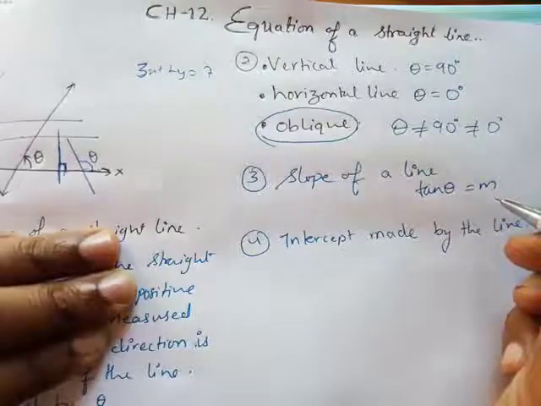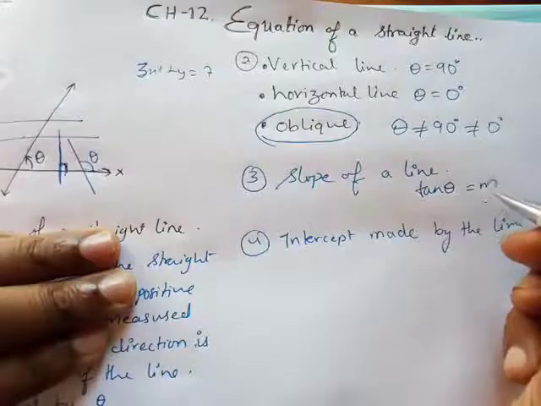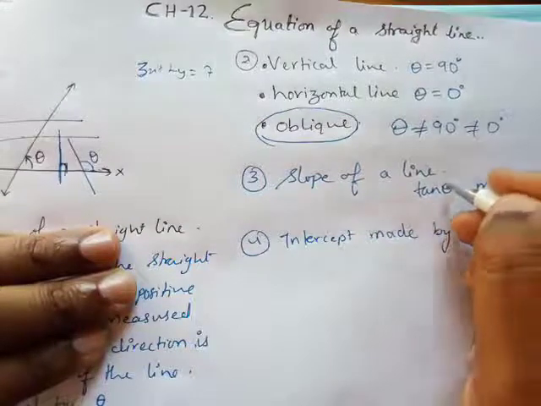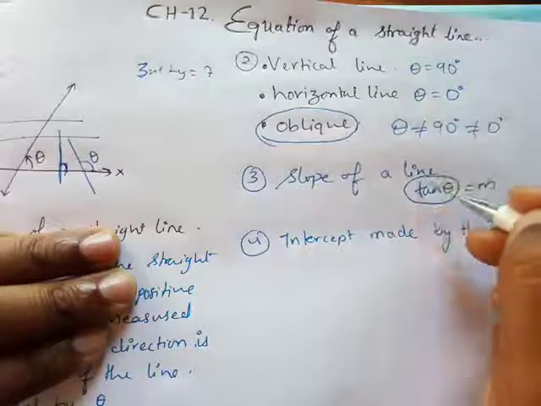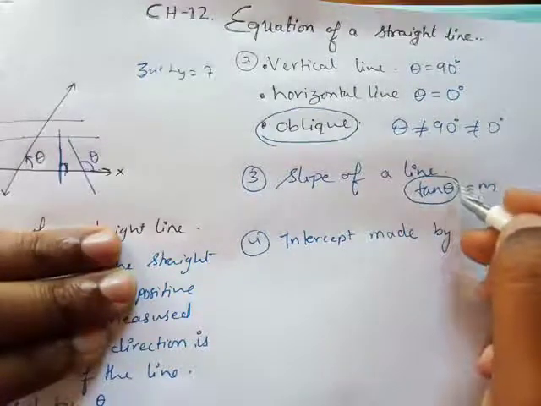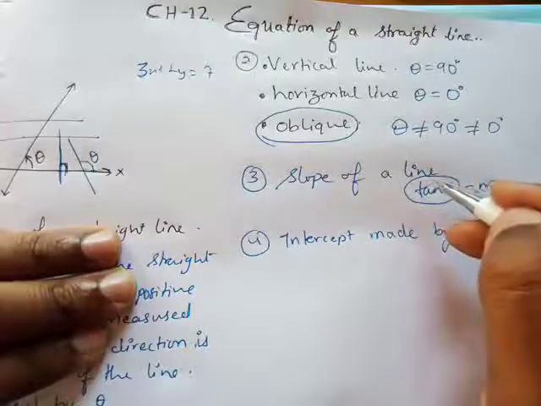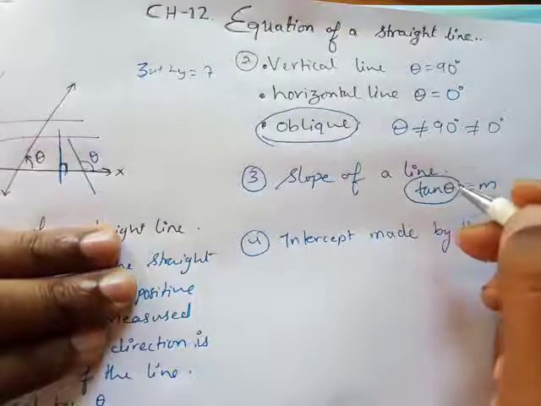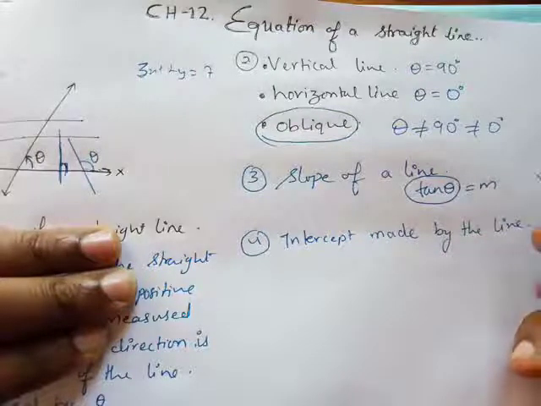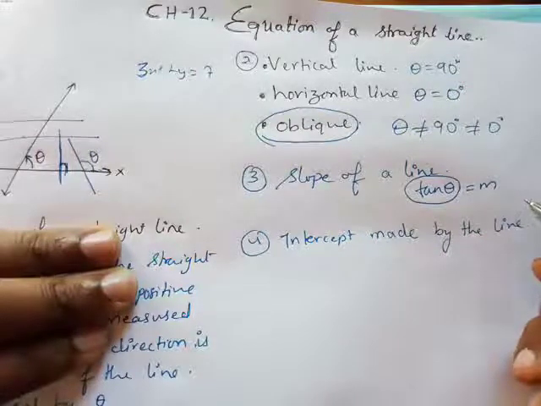Is that okay? So tan theta is called the slope. Why we call tan theta slope, we'll be learning forward. But theta is the inclination, and tan theta is the slope of a line. And tan theta we write in short form as m also. I hope I am making myself clear.